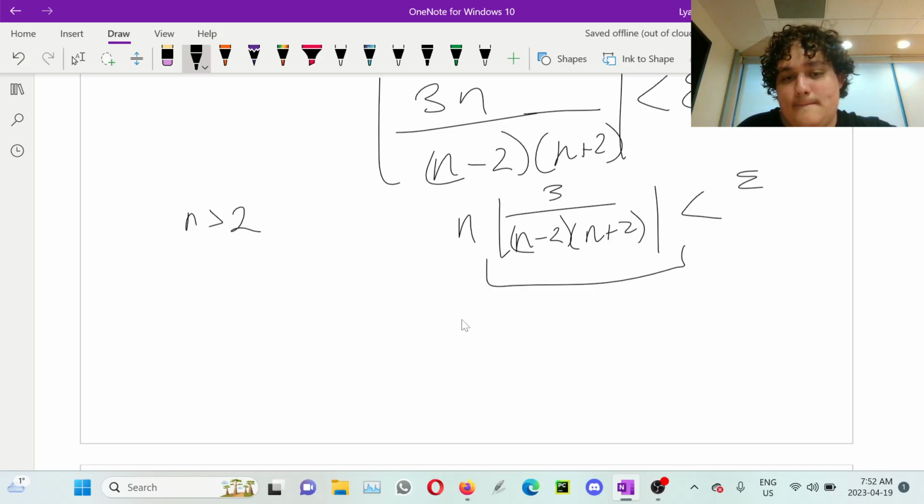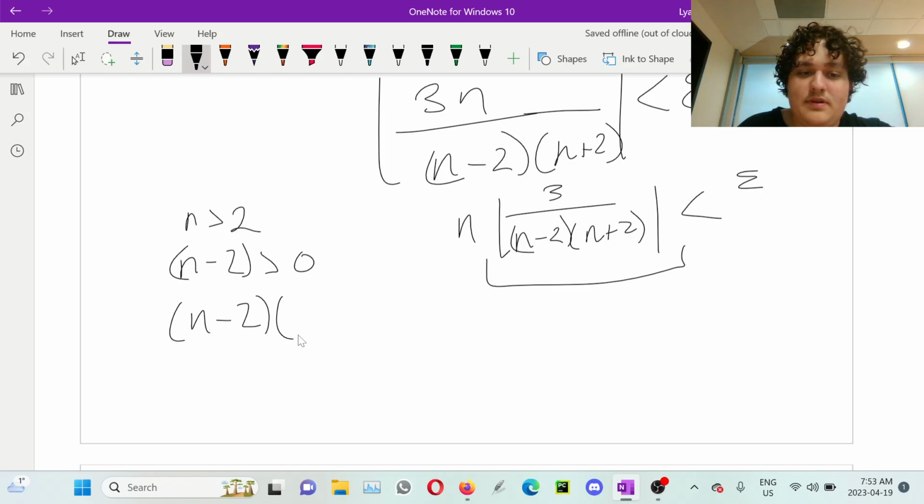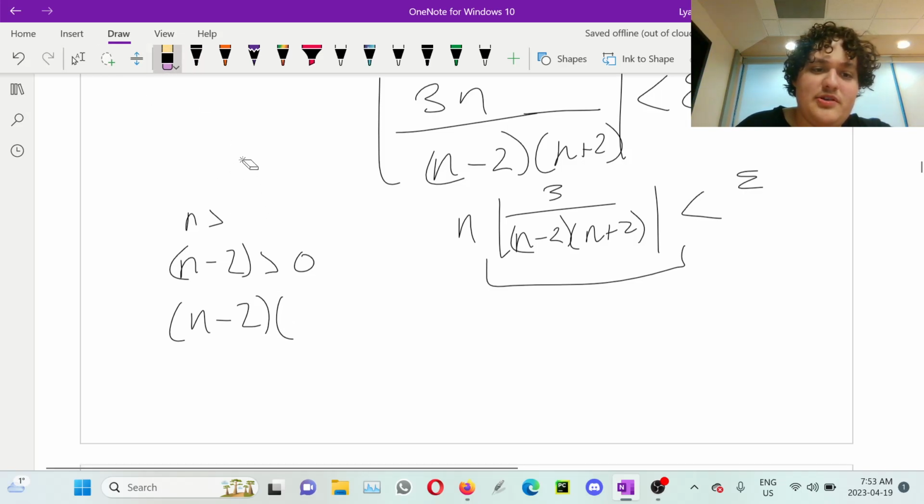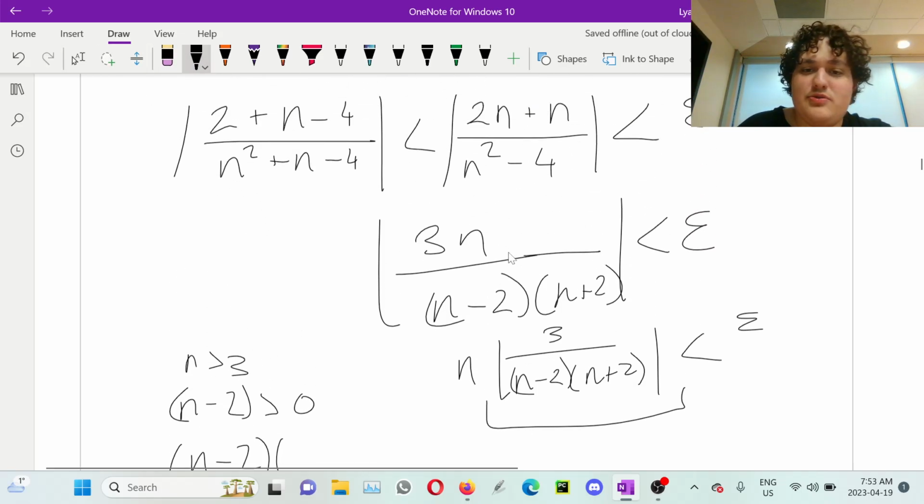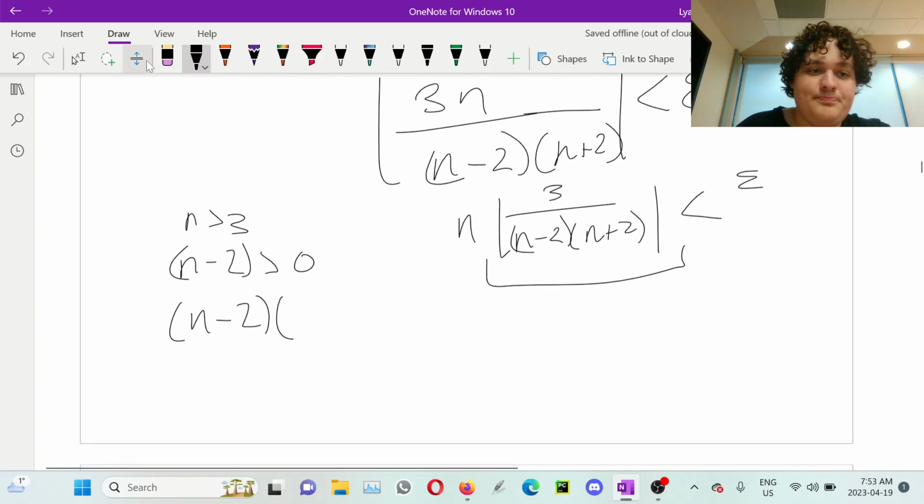So that means that n minus 2 is bigger than 0, and let's choose n to be bigger than 3. We can do that. It doesn't mess with anything we did before.